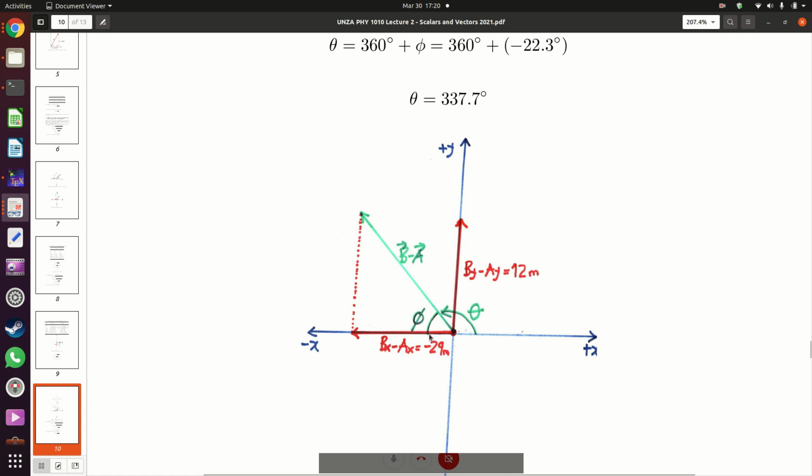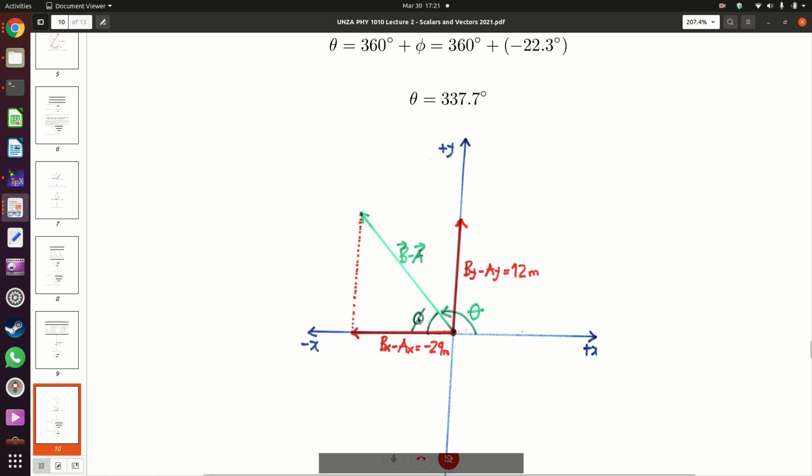And angles, as I think I've mentioned before, this angle theta outside the triangle is always measured from the positive x-axis in an anti-clockwise direction. However, this angle phi inside the triangle can be measured from the positive x-axis or from the negative x-axis, depending on where the vector is.